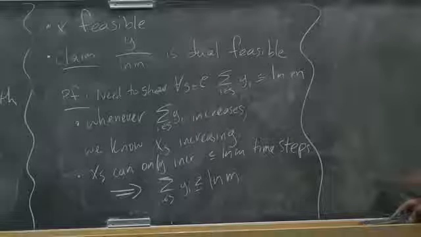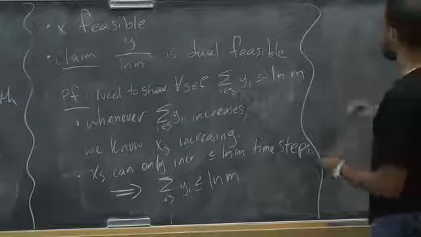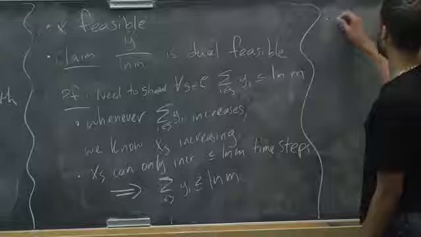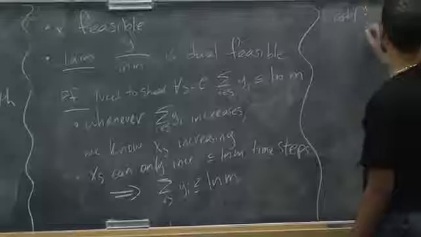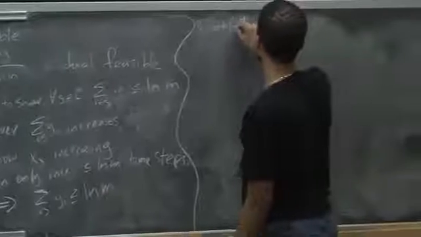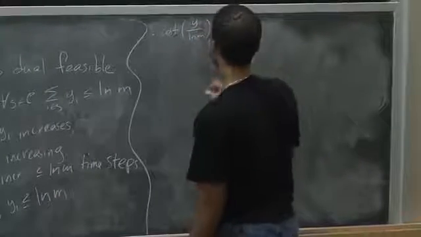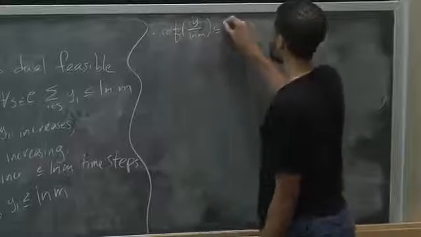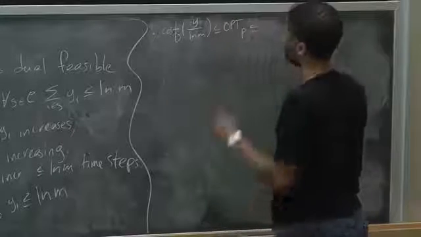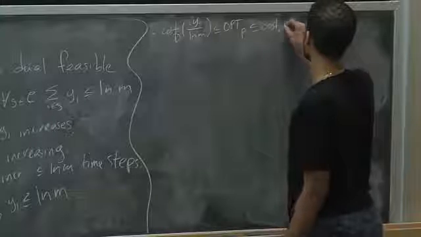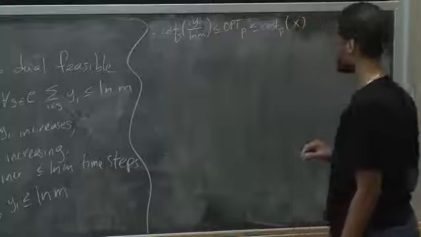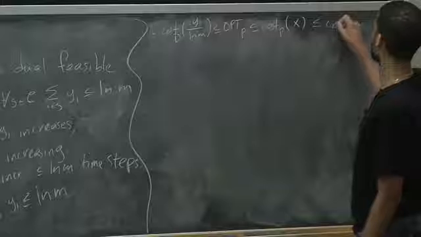So what we just showed, again, is that the cost of y over ln m is at most, the dual cost is at most opt of the primal, is at most the cost of the primal on x, which we know is at most the cost in the dual of y.